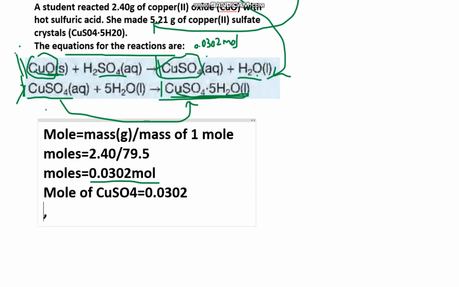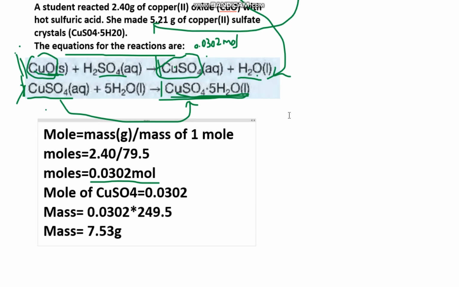We'll find the mass by multiplying 0.0 by 249.5, because that is the relative formula mass of this compound, so we'll get an answer which is 7.53 grams.